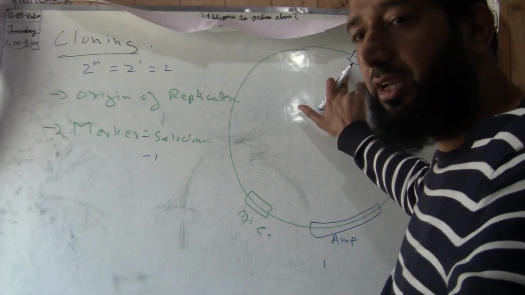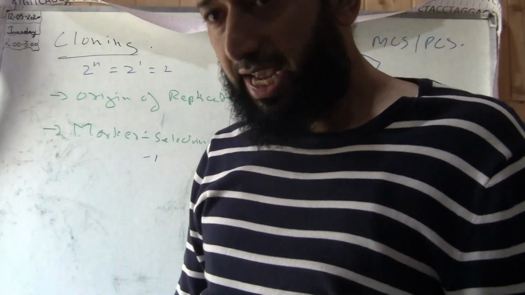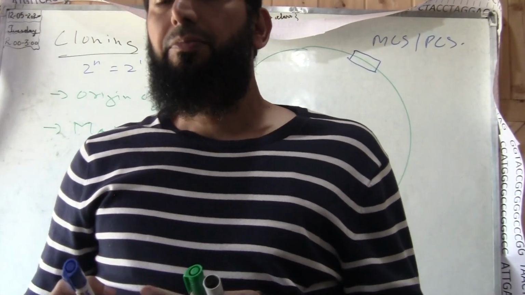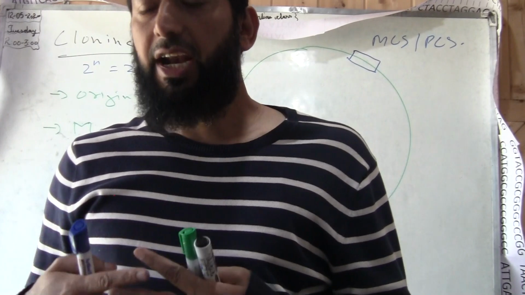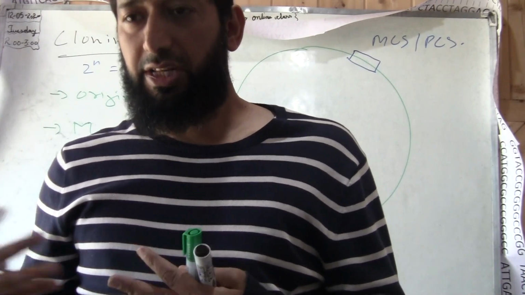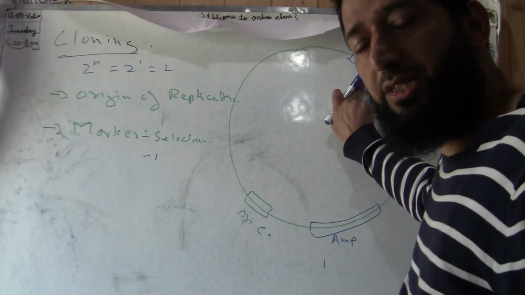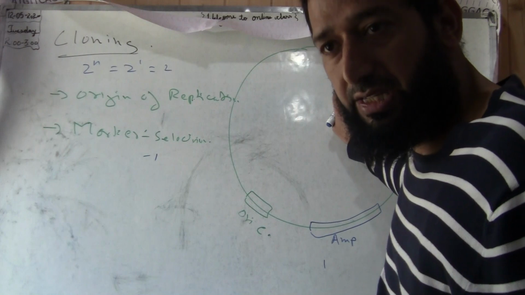If you go to the previous class or the previous YouTube video on restriction enzymes, we know that restriction sites are palindromic. They have a sequence, what we call the restriction site, and these are recognized by a specific restriction enzyme. So we know that the multiple cloning sequence has a number of restriction sites.